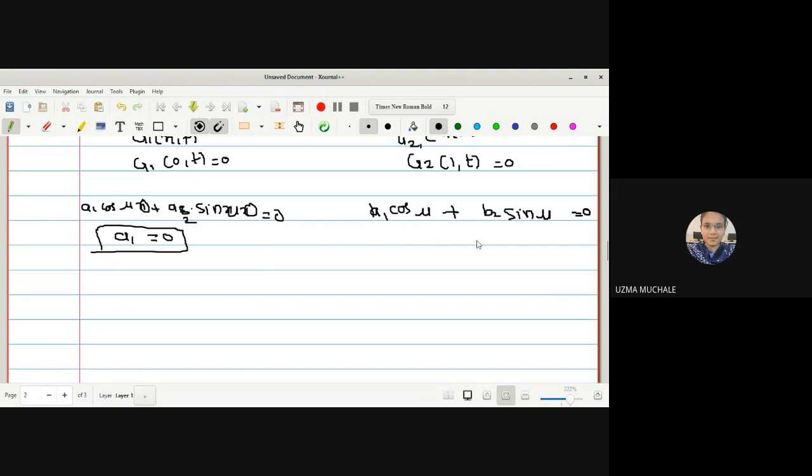As we got here, one more equation we are getting. And then we can see equation number 2. This is 4.